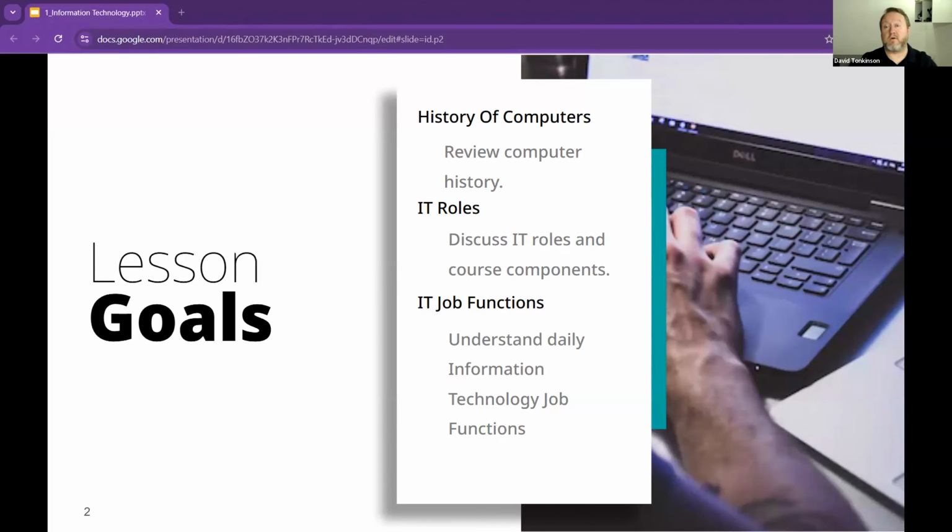We will talk about IT roles, where you may be positioned, the positions you may be drifting into after you complete this course, and what IT is really all about. And then we're going to talk about some IT fundamentals, the job under fundamentals, understanding what you are likely to be responsible for, and the technical jobs and functions that you might be doing when you gain yourself a position.